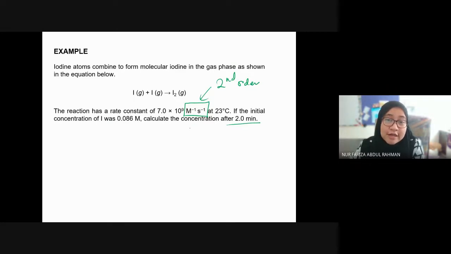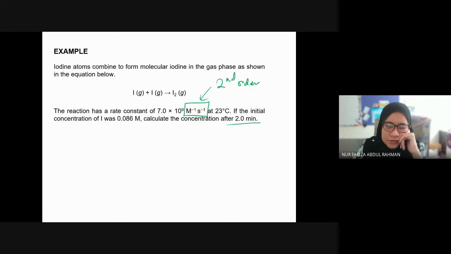Buka yang dekat rate, unit of rate constant tu. M-1, S-1. It will be second order. Okay. First order S-1 je kan. Zero order M-S-1. Yep.